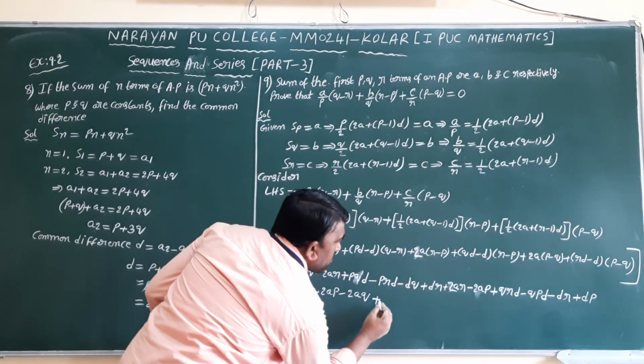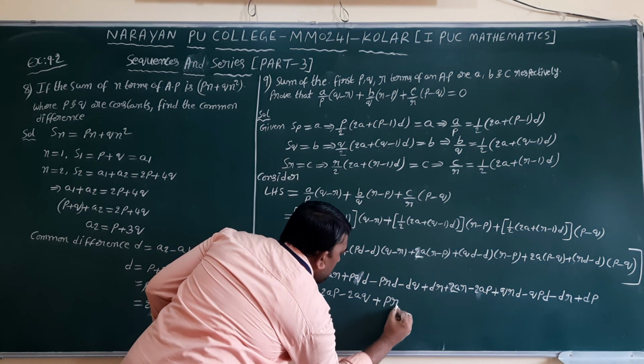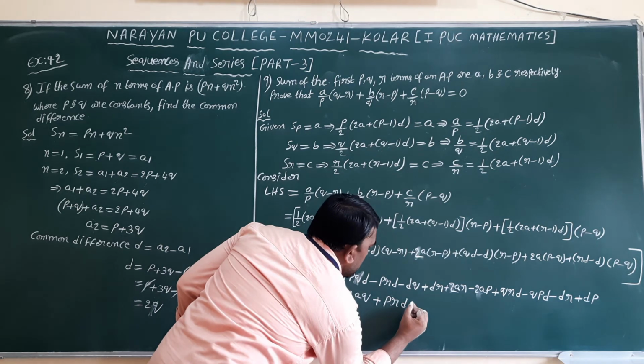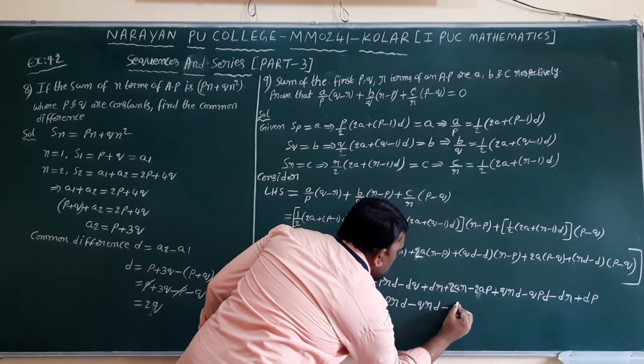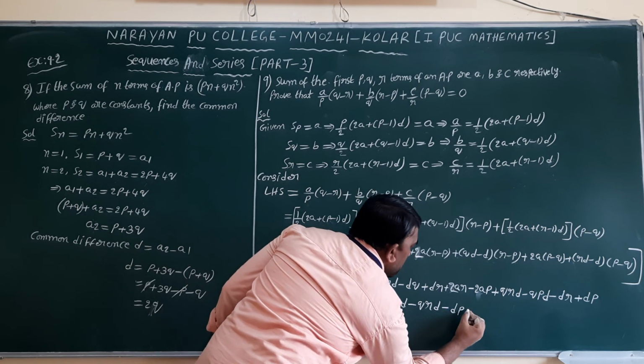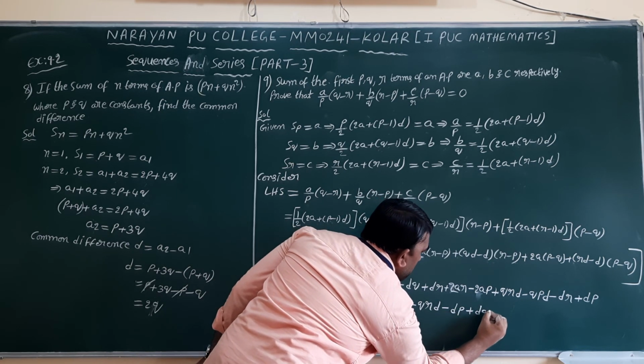You should multiply: prd minus qrd minus dp plus dq.